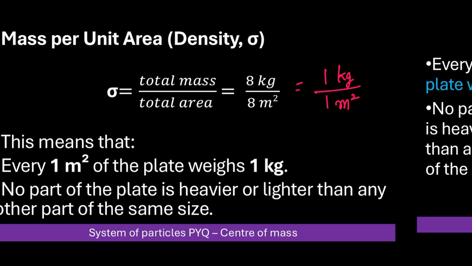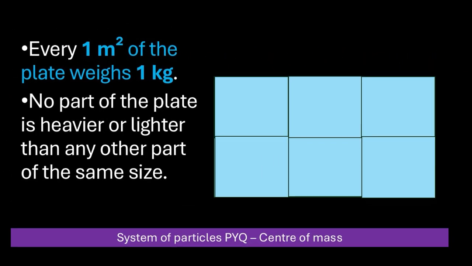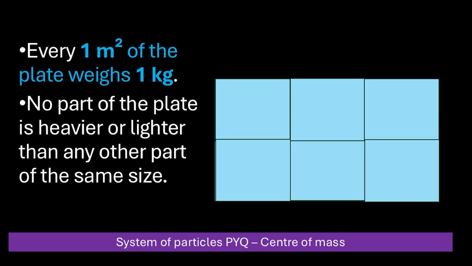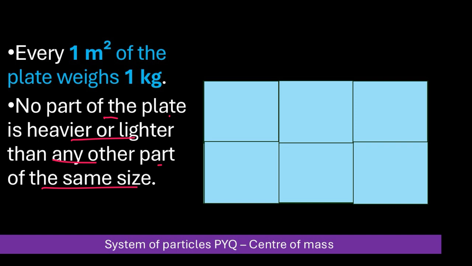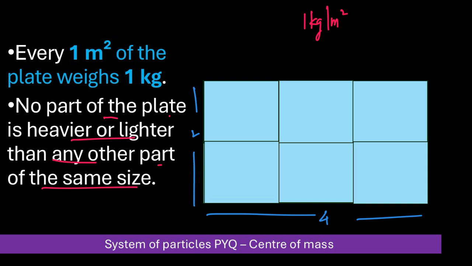Now, if you understood this part, which is no part of the plate is heavier or lighter than any other part of the same size, try to think, is it possible to say that this figure represents a mass density of 1 kilogram per meter square when the rectangle is of 4 by 2 size?